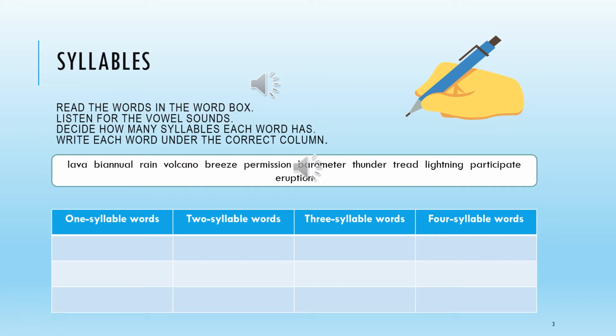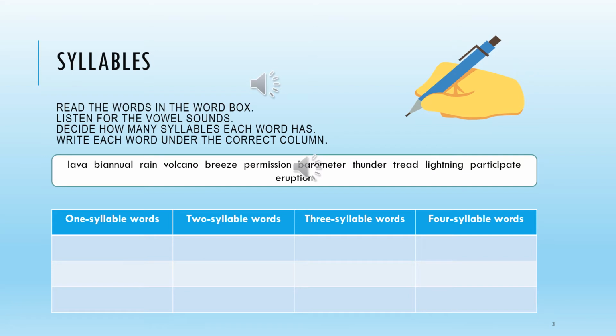Okay, here we have the word box. The first one is lava, biannual, rain, volcano, breeze, permission, barometer, thunder, threat, lightning, participate, and eruption.